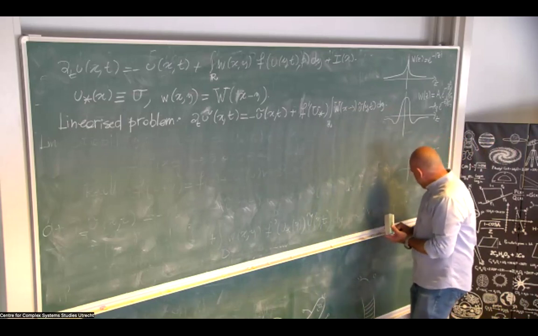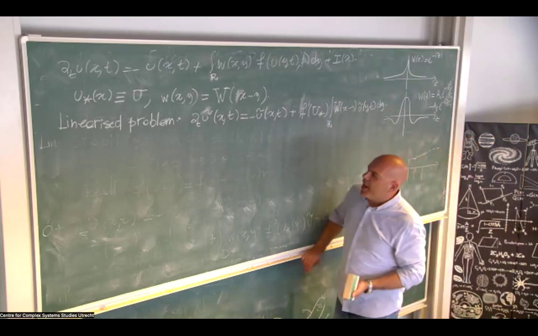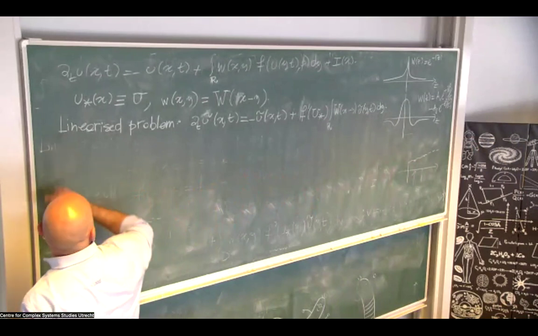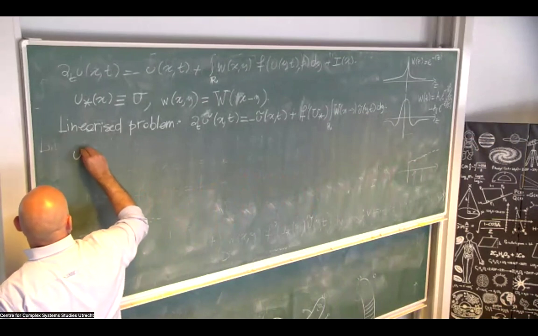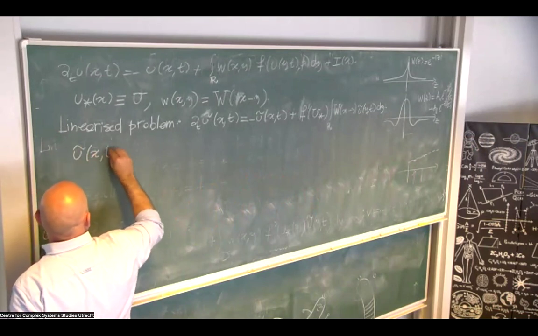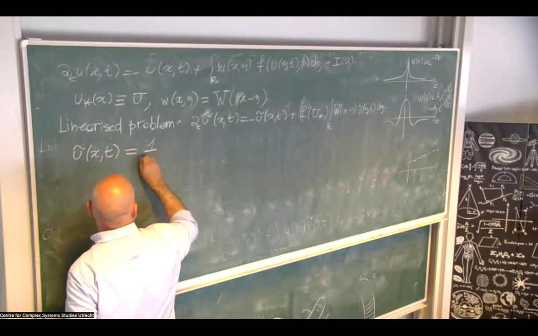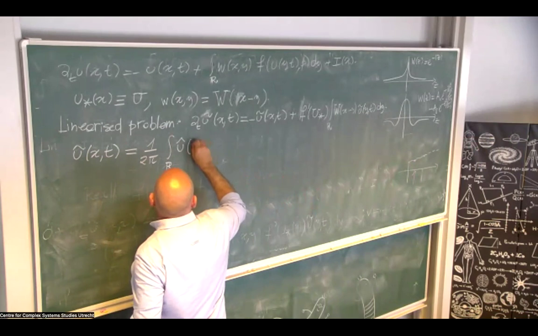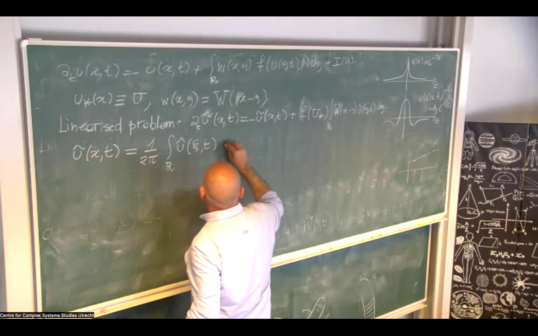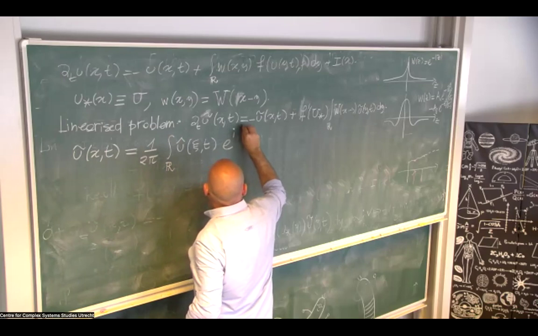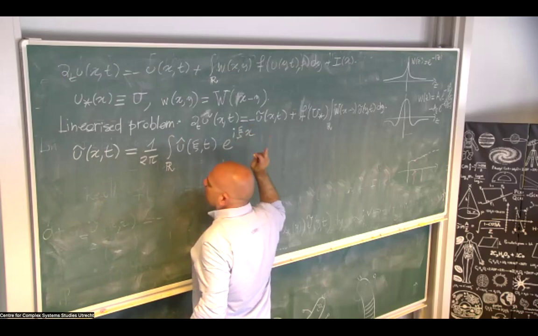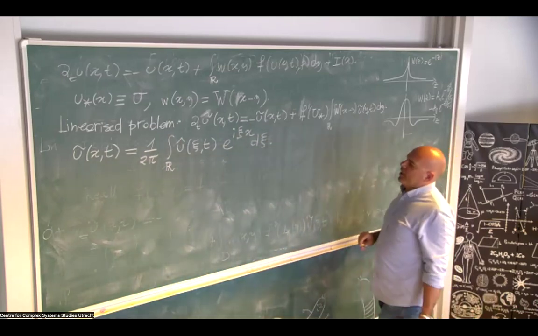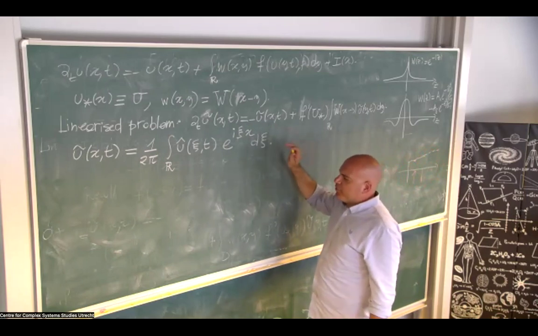So now, depending on whether this is a subject that you like or you hate, you will like or hate the next bit of this explanation. But the idea is effectively that you seek solutions to this problem as an inverse Fourier transform. Let me just write it down first so that I don't make mistakes. So you now postulate the fact that your pattern can be Fourier transformed in space.